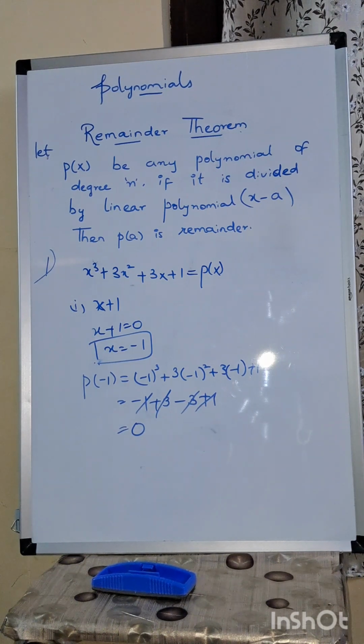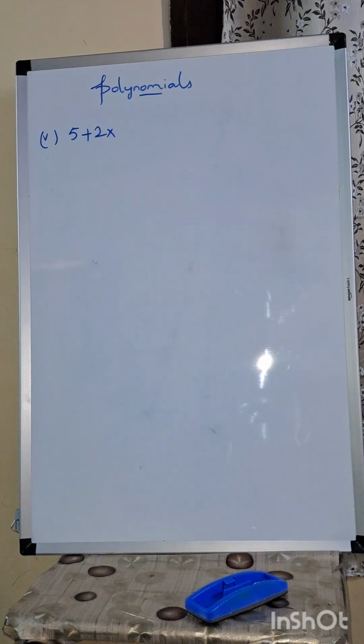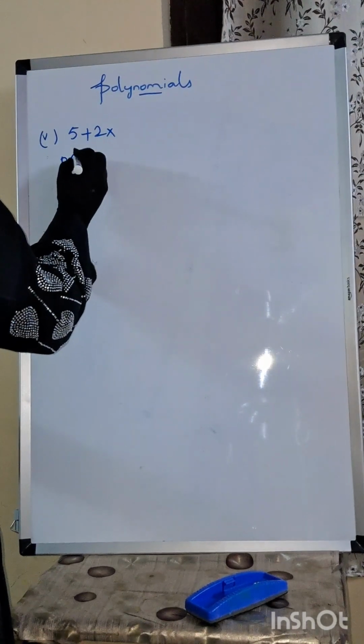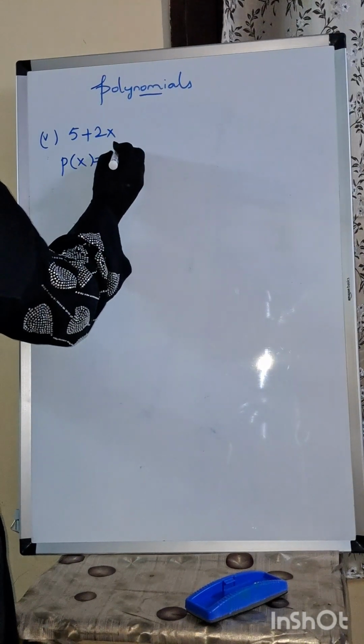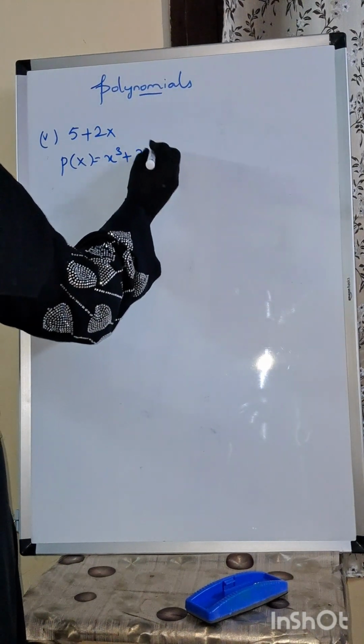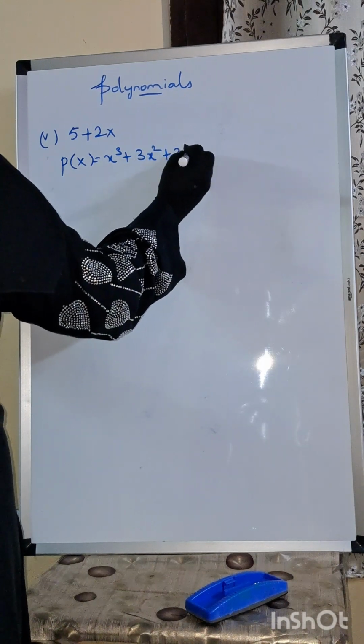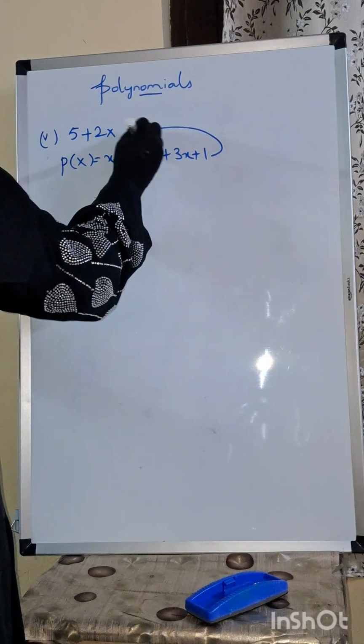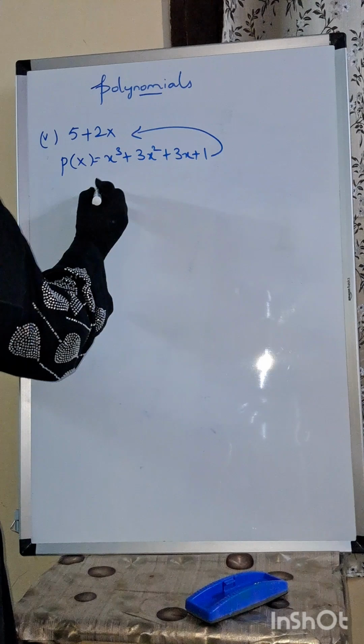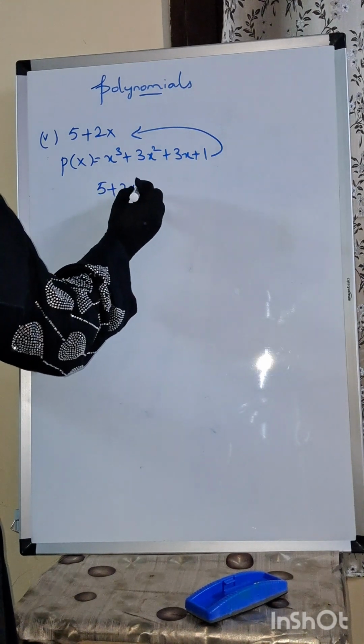Now the next one: divide by 5 plus 2x. Okay, so here p of x is nothing but x cube plus 3x square plus 3x plus 1. So this is divided by 5 plus 2x, right? So here 5 plus 2x is equal to 0.